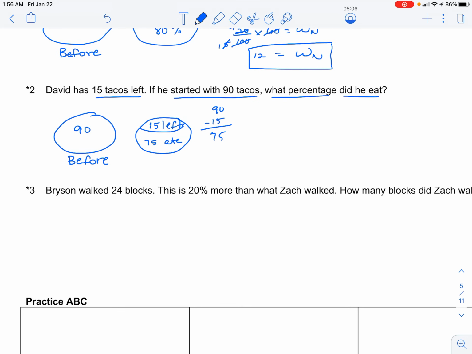Now, what are we trying to find out here? We're trying to find out how many he ate. So I'm going to highlight that part right here. What percentage he ate. So we're looking for what percent of 90 is 75. Okay, so let's write this out.